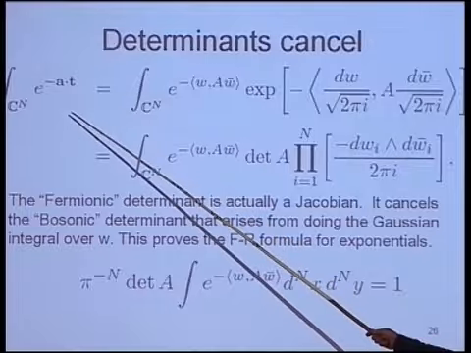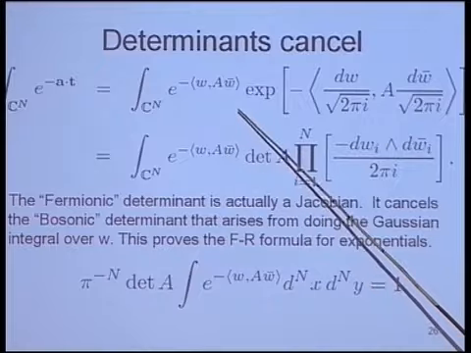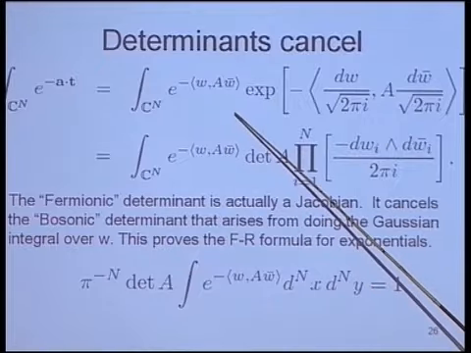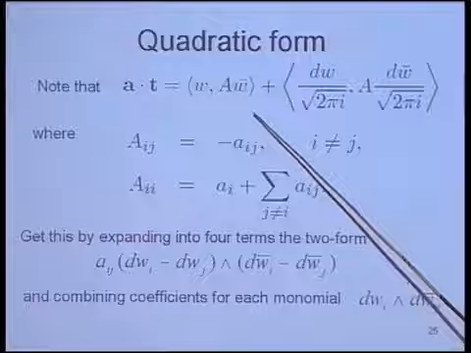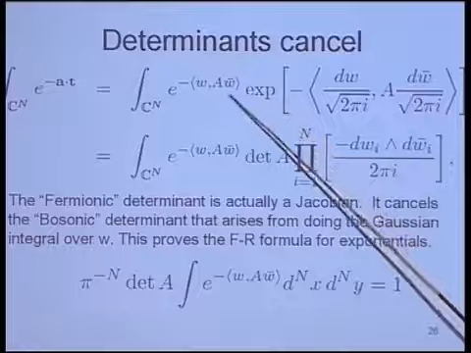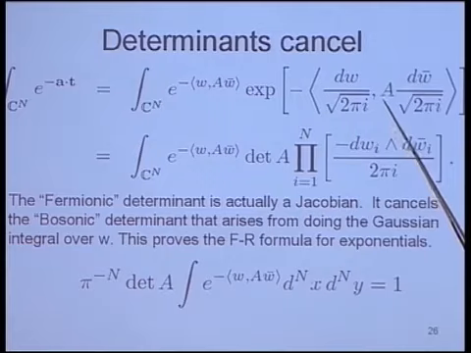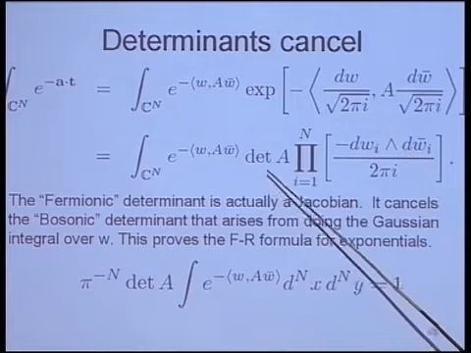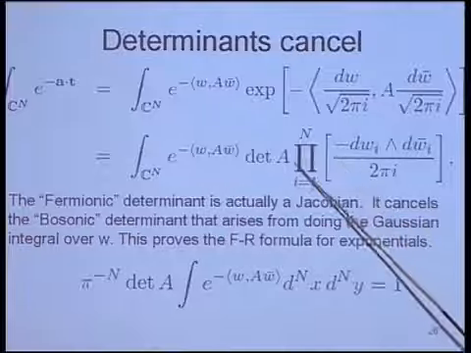All right, so then we have this nice cancellation of determinants. If I integrate e to the minus a dot t over Cn, first of all, you need to do this form calculation. A dot t becomes that. And here's the bosonic part, so to speak, and the fermionic part. And when you integrate out the fermions, or really it's more like a change of variable in this notation, you can always get a determinant.